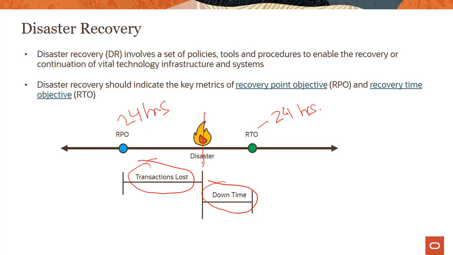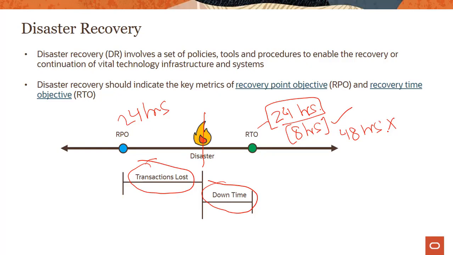So let's say your IT organization and your processes in place are such that you can recover within, say, 8 hours. If your recovery happens within 8 hours, you are okay because you can tolerate a 24-hour downtime. Now, instead of 8 hours, if the recovery takes 48 hours, that is not okay because your RTO is less than that. You cannot tolerate a 48-hour downtime.